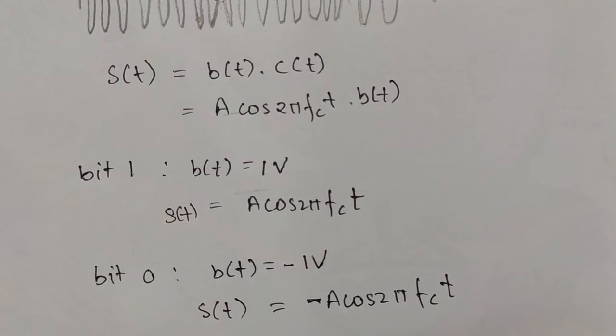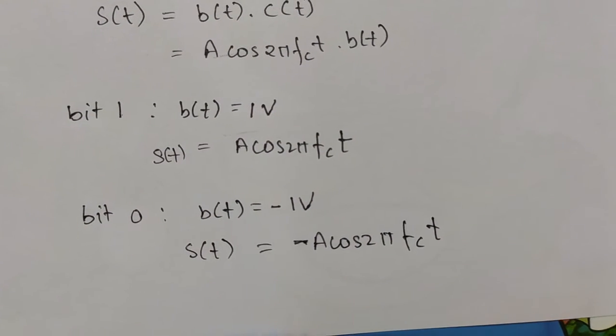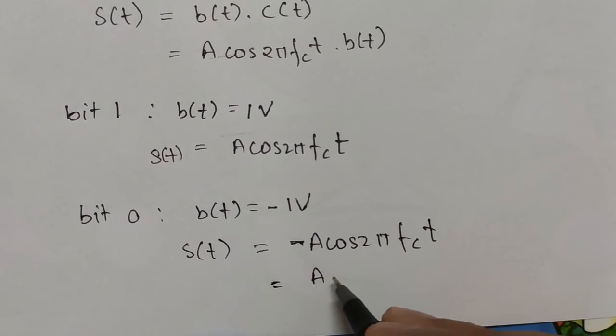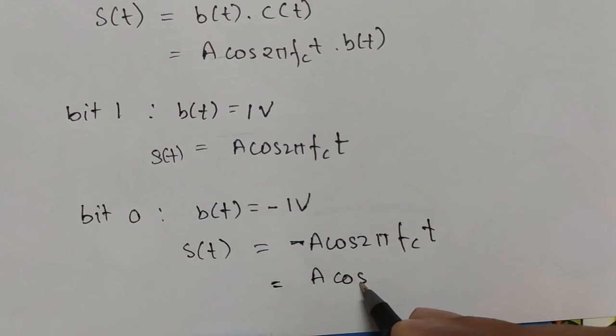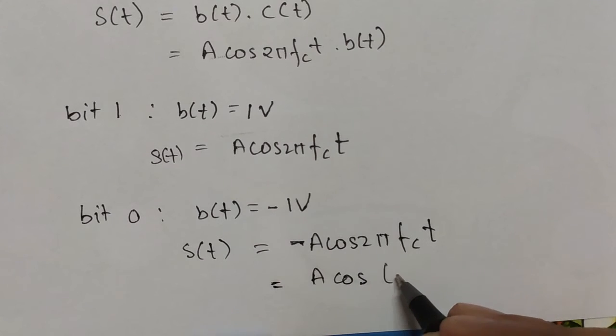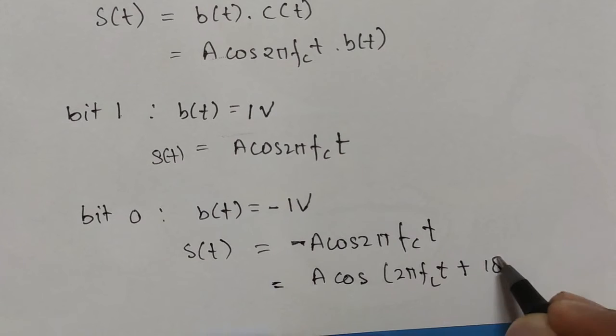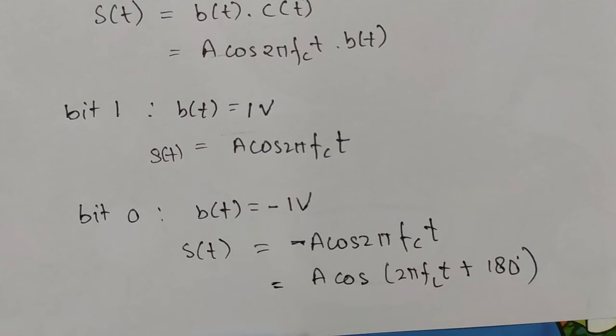And we know cos of 180 degree plus theta is minus cos theta. Hence we can write this equation as A into cos of 2 pi fct plus phase, that is 180 degree. Here we can see.